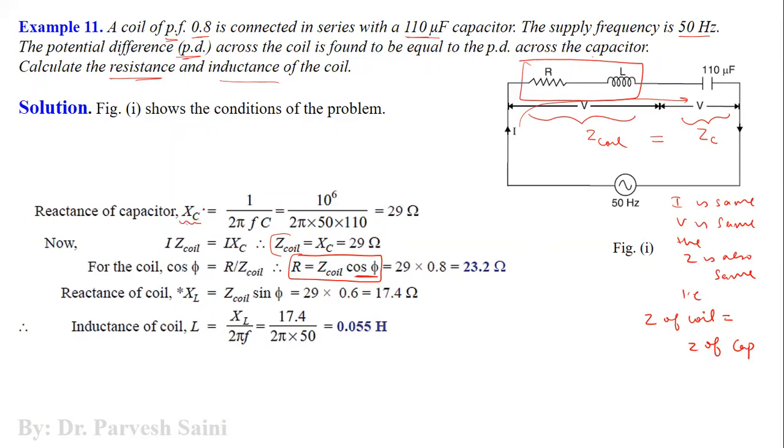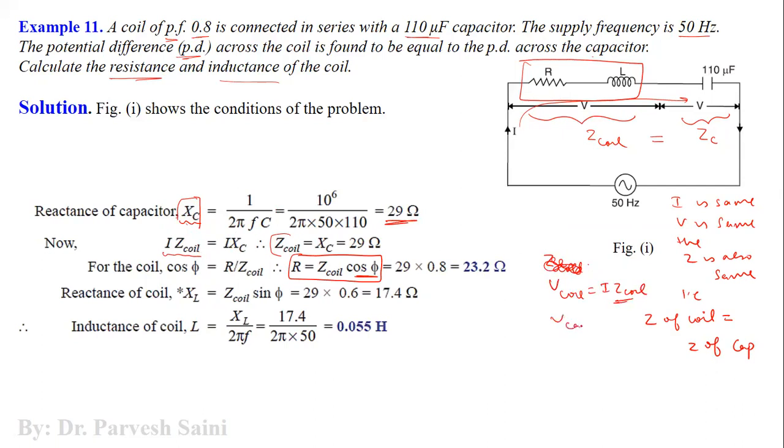Because it is easy for us to calculate the capacitive reactance, so capacitive reactance is this much. So we know that the potential drop across the coil is I into Z coil. So V across coil is I into Z of the coil, right?